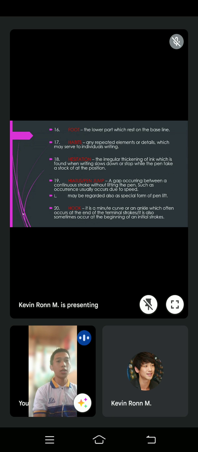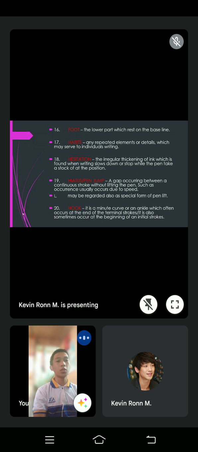Number 19 is hiatus or pen jump, a gap occurring in a continuous stroke without lifting the pen. That is hiatus or pen jump, which usually occurs due to speed or may be regarded also as a special form of pen lift.